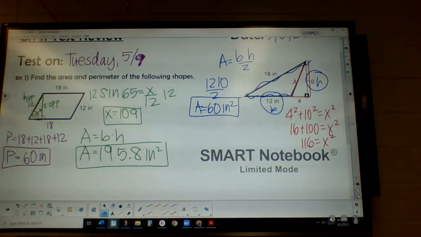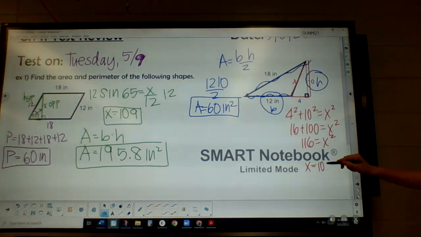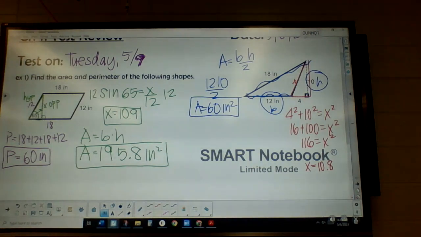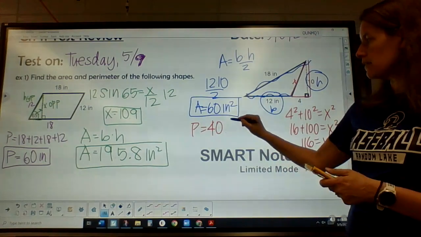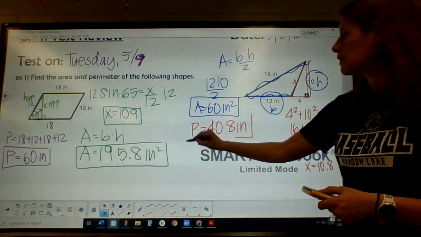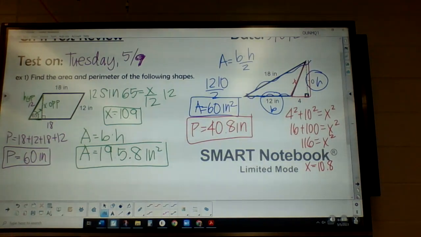So we're going to take the square root of 116, and I get like 10.8 for my x, I believe. And then I'm adding up all the edges from there. So my perimeter distance around ends up being 40.8 inches. So remember that perimeter is just like the regular units, whereas area is squared.